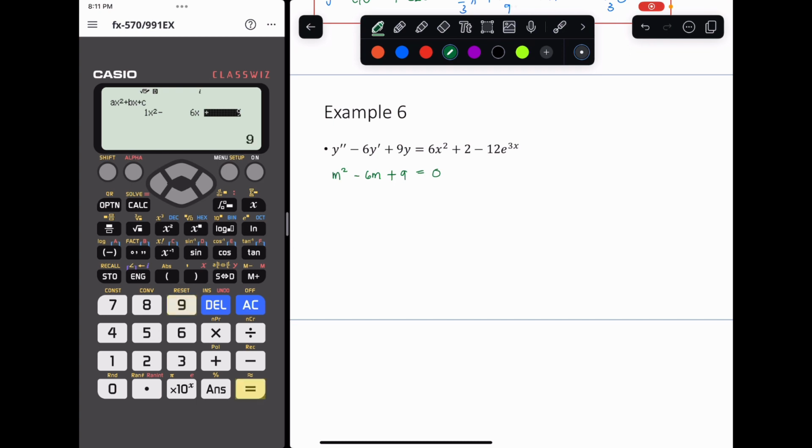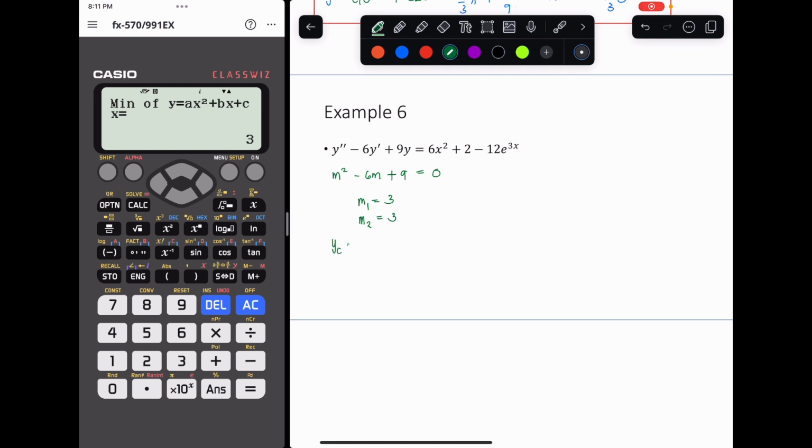This gives us the first root, m1 equal to 3. Since the second root was not provided, this is a repeated root, so m2 is equivalent to 3 as well. So this falls under case 2.